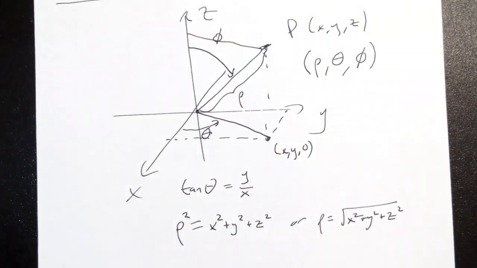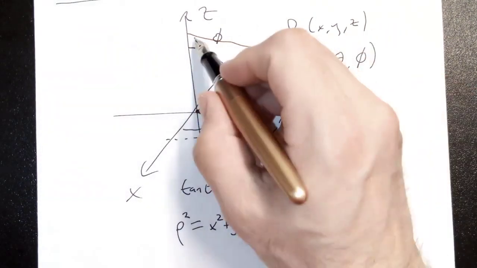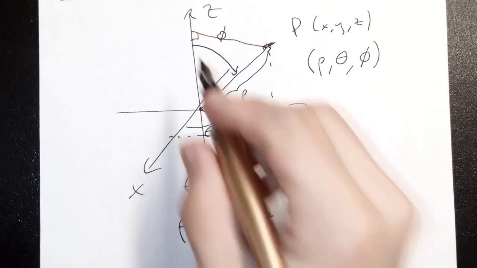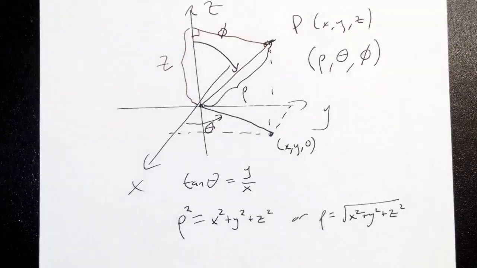I'm going to go from the z-axis straight along above this until I hit the point. That makes this a right angle. I'm going in the same direction as the line in the XY plane. I'm just up here. Let me grab that triangle. This height right here, that's Z.